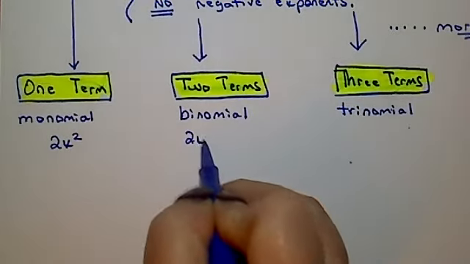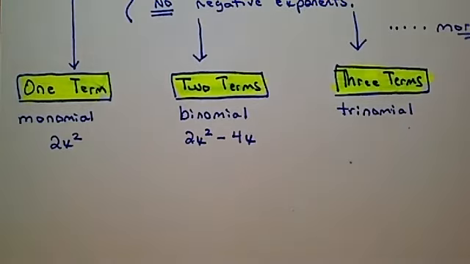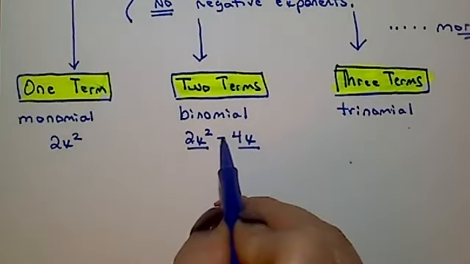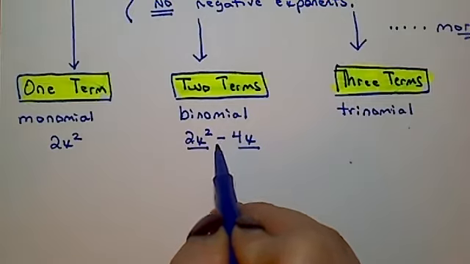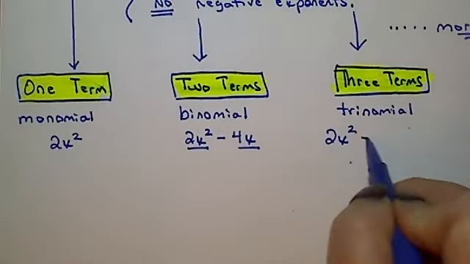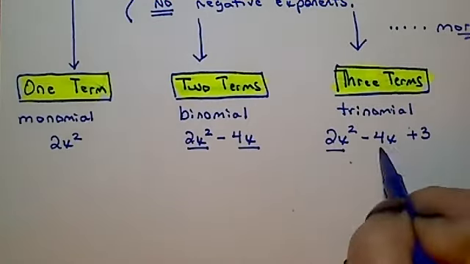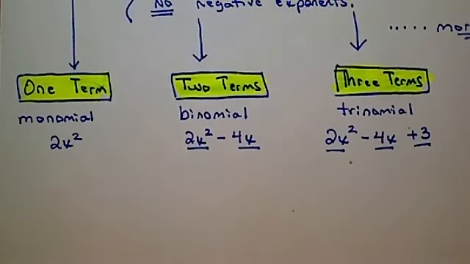If I take that and put a plus or minus and put a minus 4x, now we have two terms because each term is separated by a plus or minus sign. Three terms would look like 2x squared minus 4x plus 3. So now I have three terms.